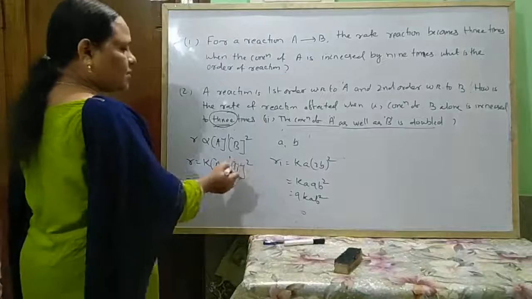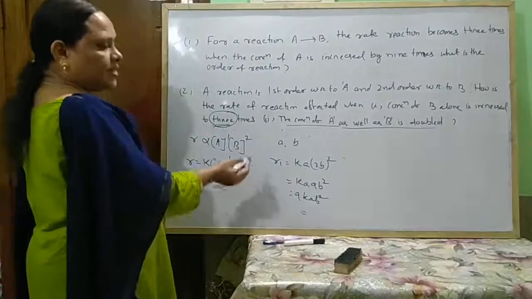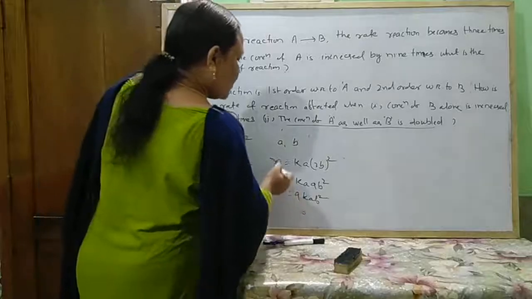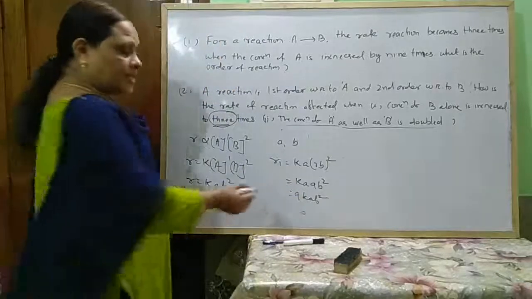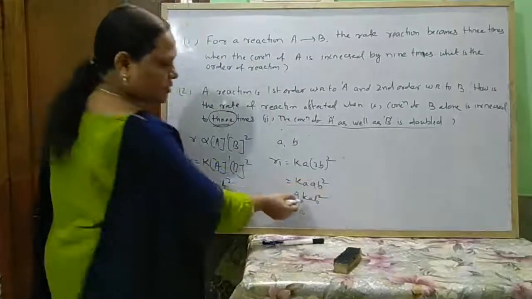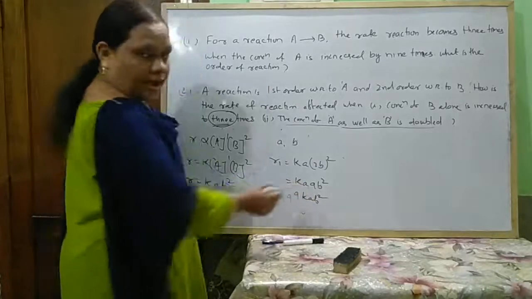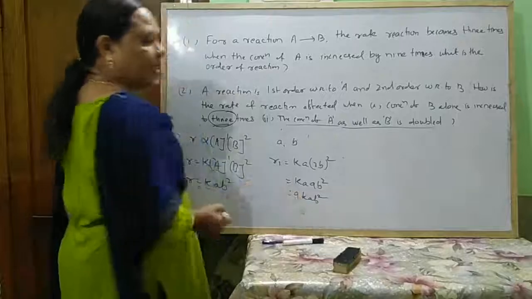That means if the concentration of B is increased 3 times, then the rate of reaction increases 9 times. R1 equal to 9R. So it increases by 9 times.